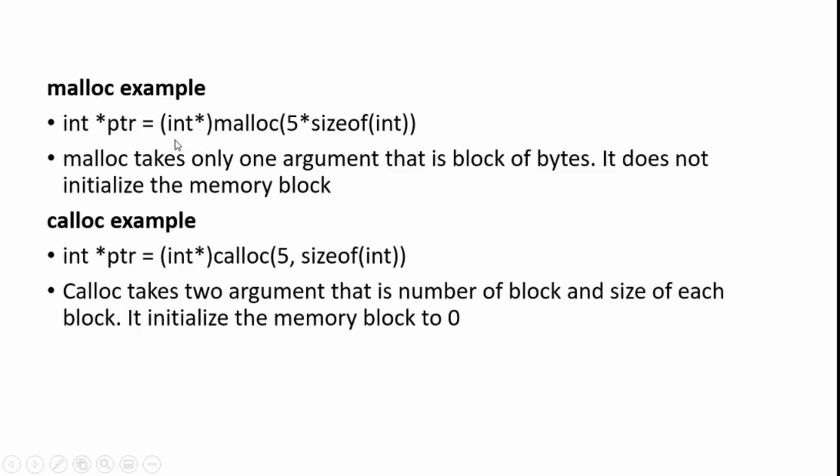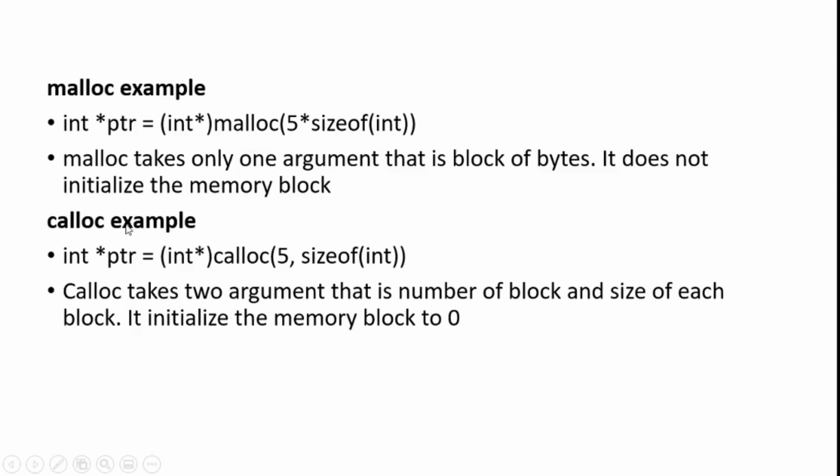If it returns null, it means that memory is not allocated successfully, and this memory is allocated from the heap region of the RAM. And the malloc function does not initialize the memory block. It means that whatever memory is allocated will have some garbage values.